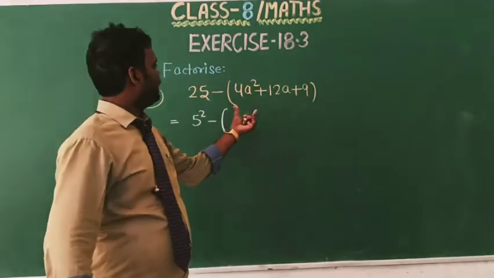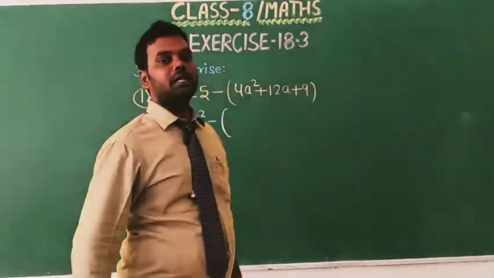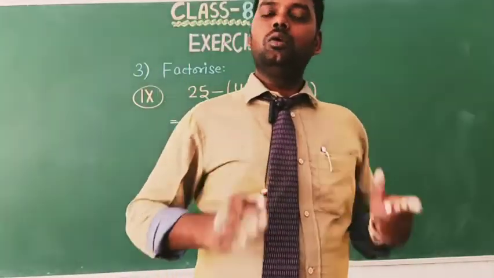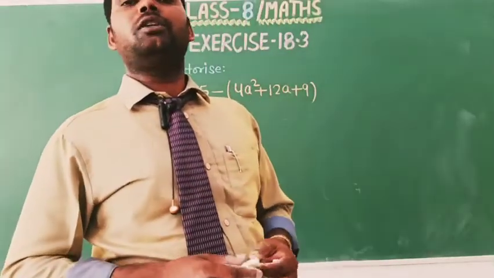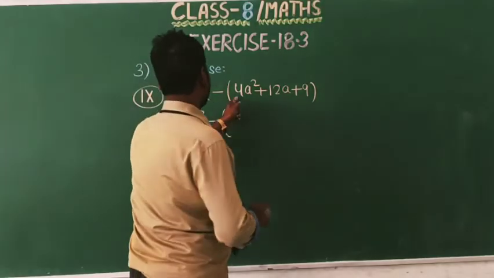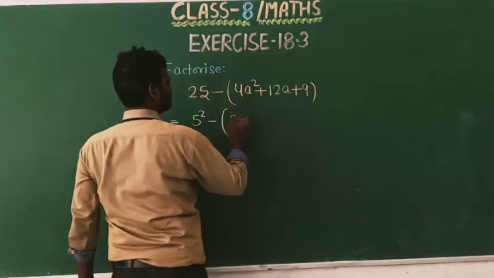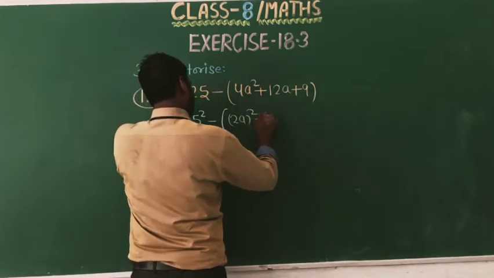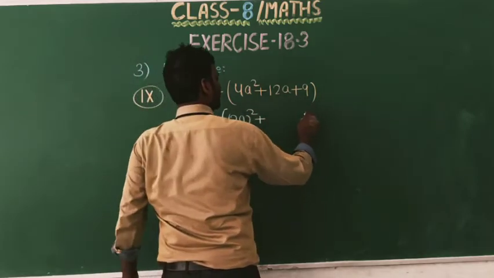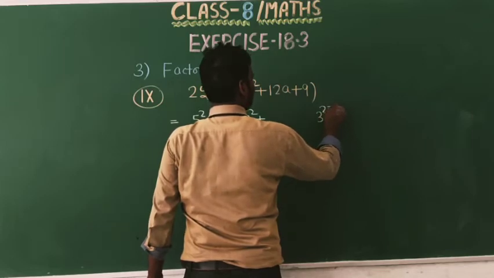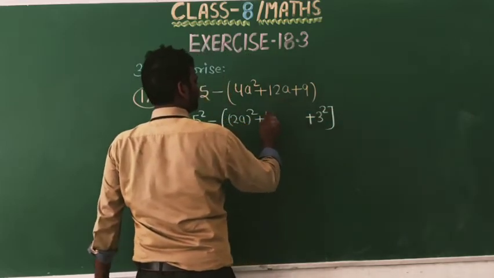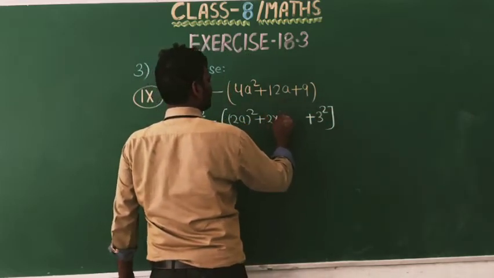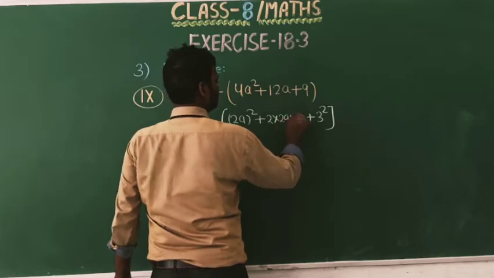In this, the first and third terms look like perfect squares. So this is written as 2a whole square plus 3 square, and the middle term can be written as 2 into the product of 2a into 3.